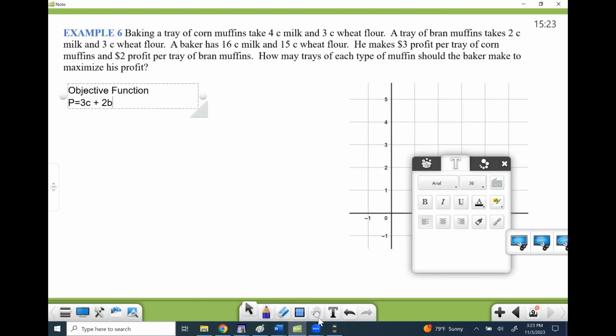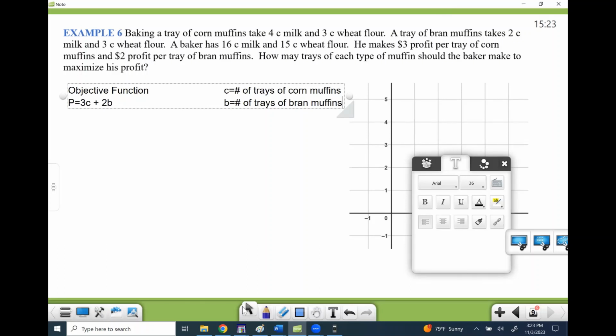So we're going to let C equal the number of trays of corn muffins, and B equal the number of trays of bran muffins.